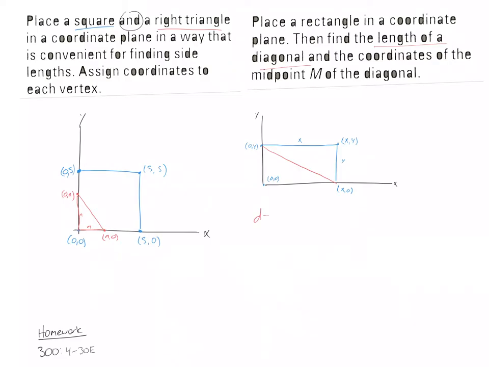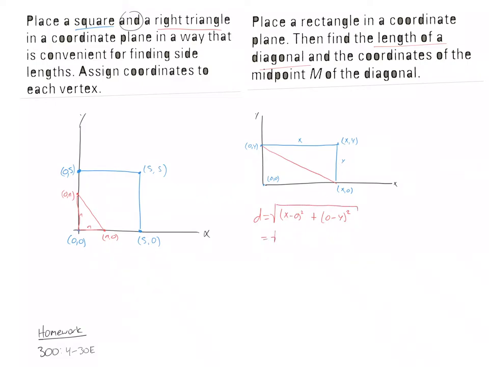So I'm going to use the distance formula here. The square root of x2 minus x1, so it's going to be x minus 0 squared plus y2 minus y1, 0 minus y squared.